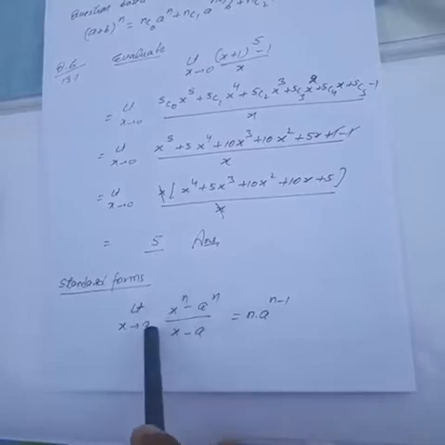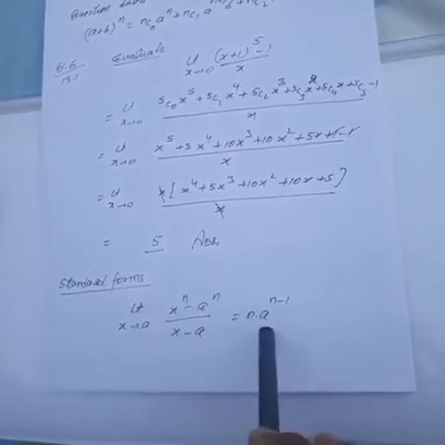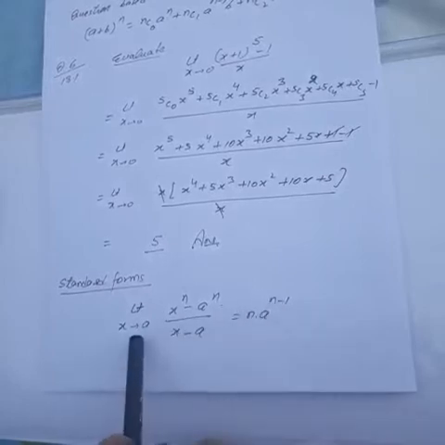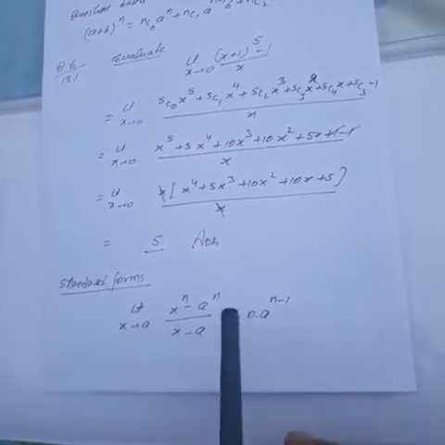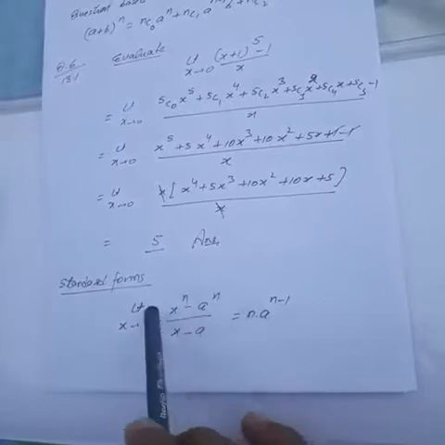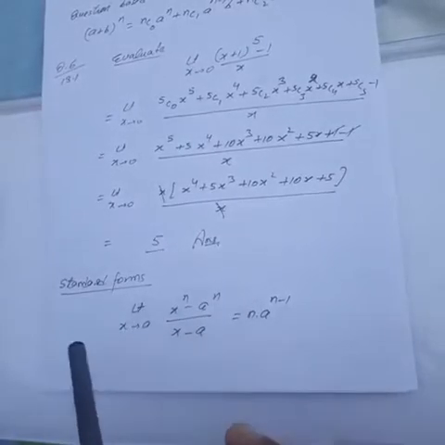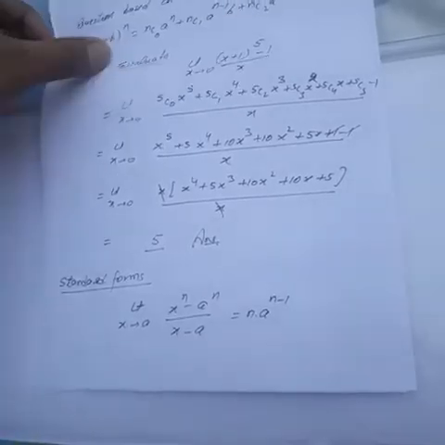Then the value of this limit is n into a raised to the power n minus 1. So we can directly apply this formula to evaluate these types of functions, when the function is written or reducible to this form.